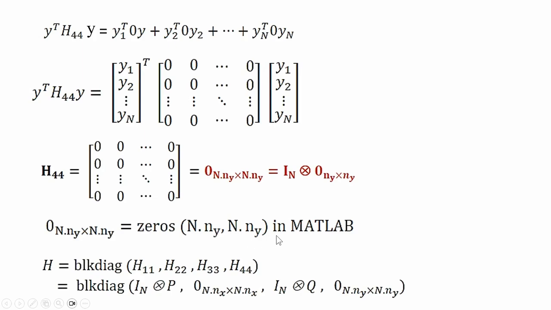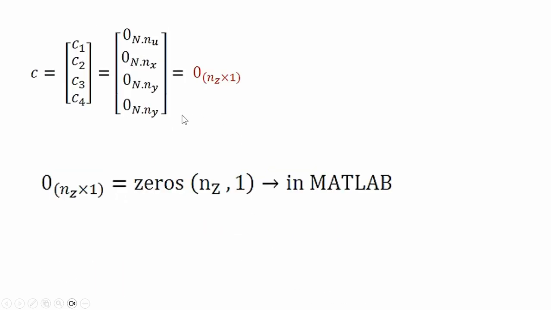Now we have found the matrices for H11, H22, H33 and H44, which are needed in this standard QP form. We still also need to find the values for this C transpose vector, or in fact the C vector. In the LQ optimal control problem formulation, or set point tracking problem, it only has quadratic terms.